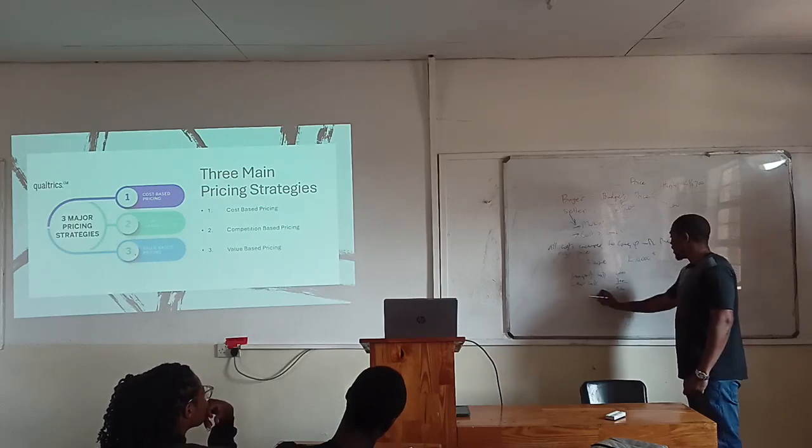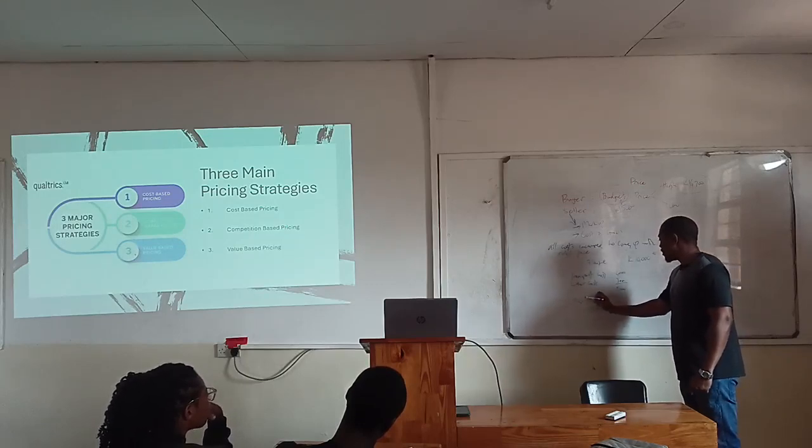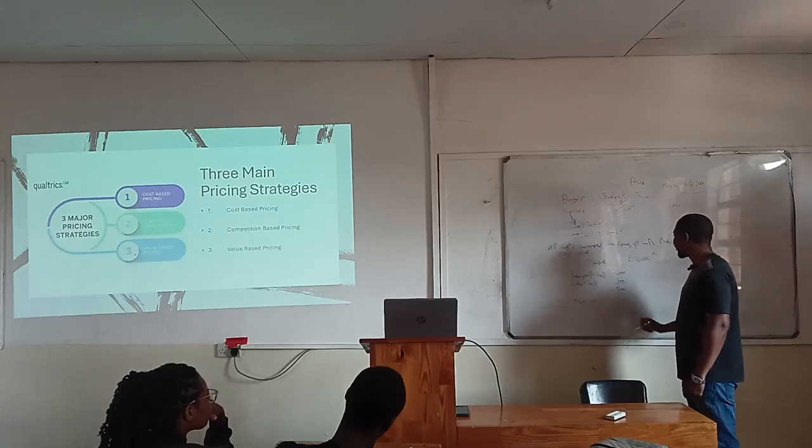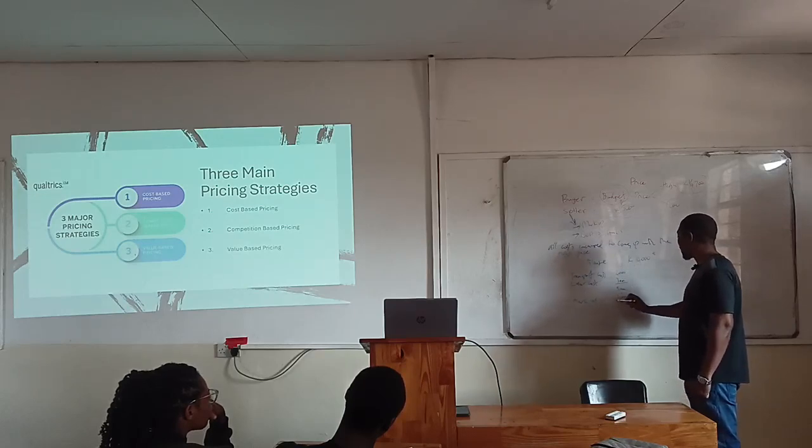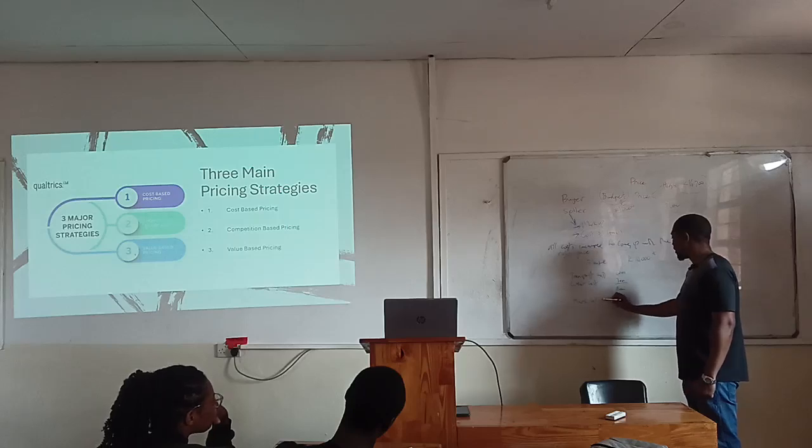And then you put your markup. This is almost half, 50%. So for you to arrive at that, you're going to say 5,000 again. That's 50%.